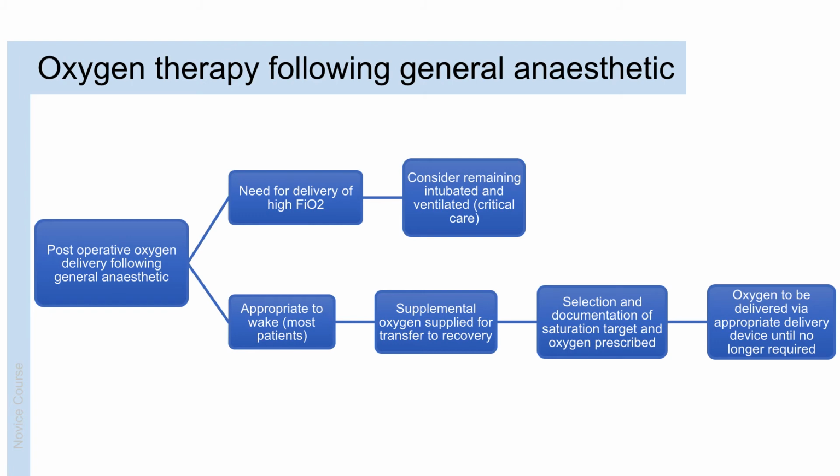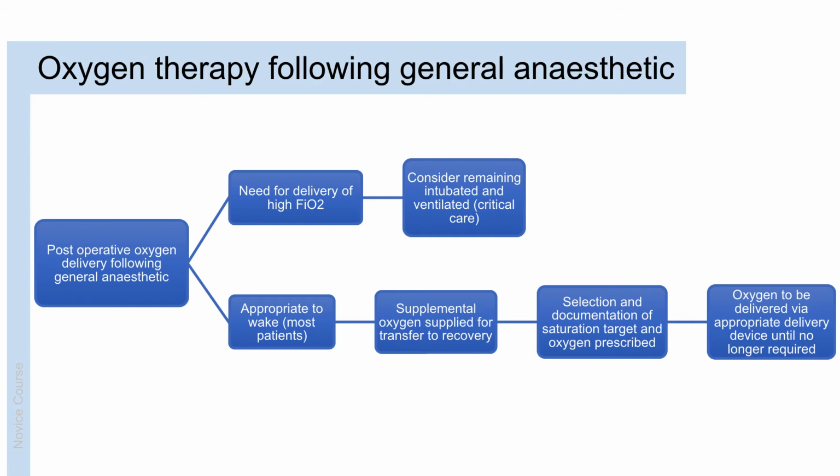This simple flow diagram helps guide the choice of post-operative oxygen therapy. On the top arm, we can see, is there a need for delivery of a high inspired concentration of oxygen? Generally in elective patients this is not going to be the case, but in that emergency cohort who are very unwell and requiring a significantly high FiO2 intra-op, it might be appropriate to consider keeping the patient asleep and intubated and transferring them to critical care.